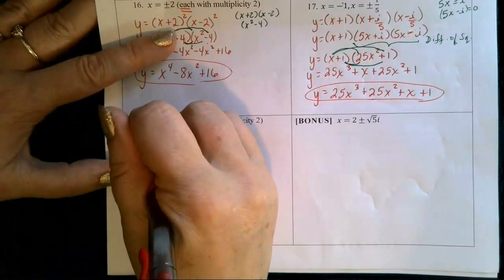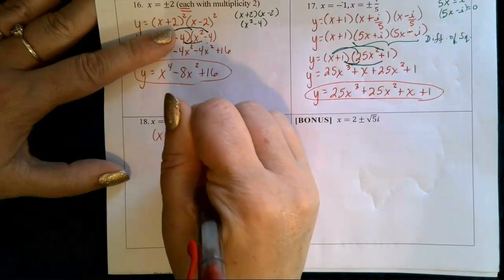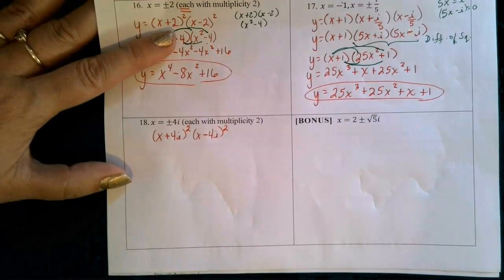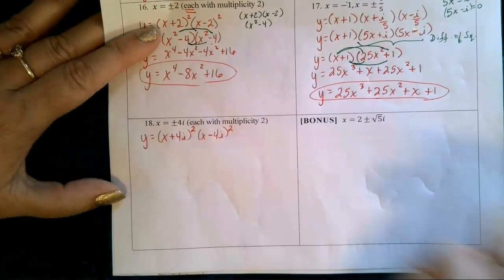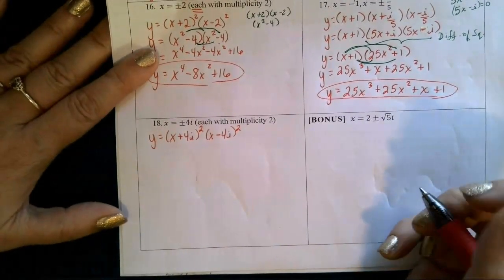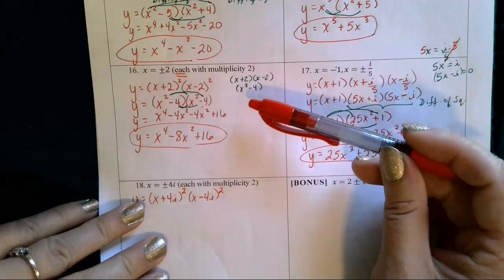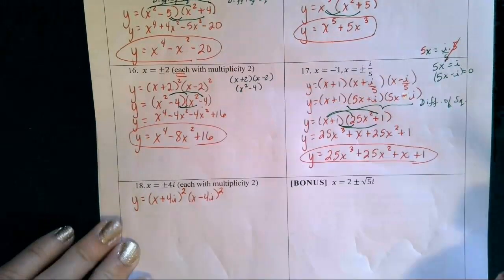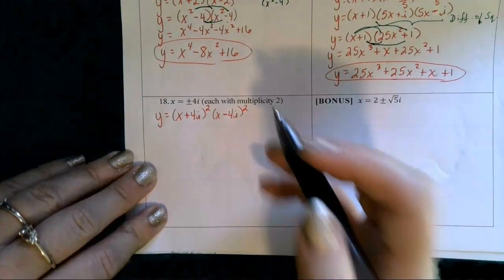And so I have a factor of x plus 4i and a factor of x minus 4i, but each of those factors has multiplicity of 2 because those are double roots. Okay, and then just like in number 16, when we had a very similar problem, we saw that these were two difference of squares, and so we could use that difference of squares shortcut in order to combine these quickly.